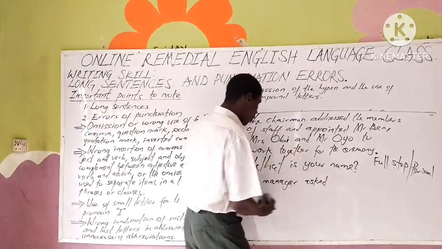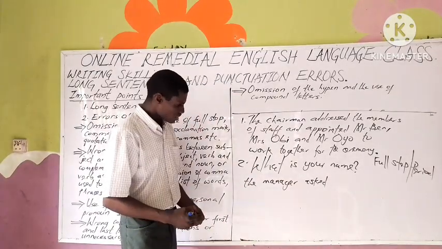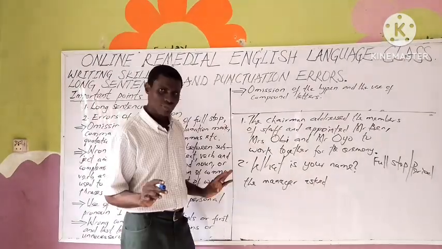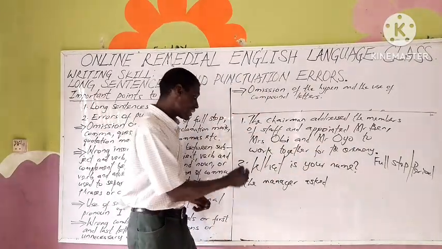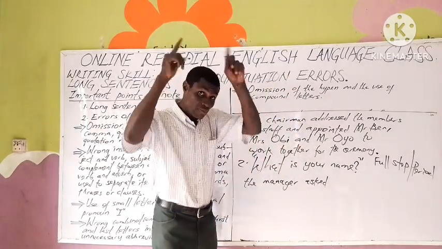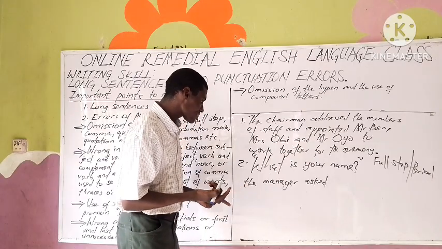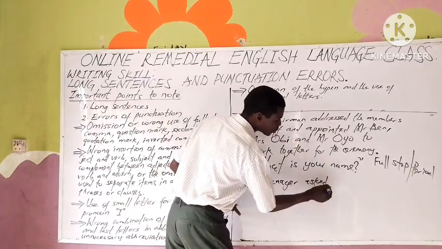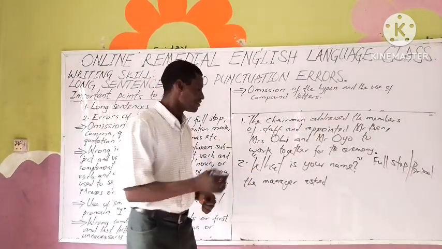For instance, we have, what is your name? The manager asked. The next thing is, the manager asked. So this is the exact word of the manager. Then it must be quoted. And when you have this, then of course you start a sentence with a capital letter and end with a full stop.